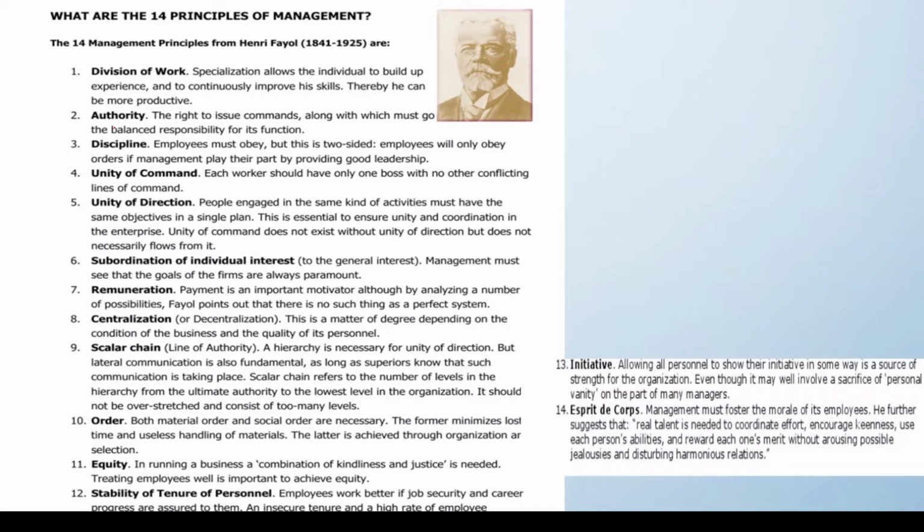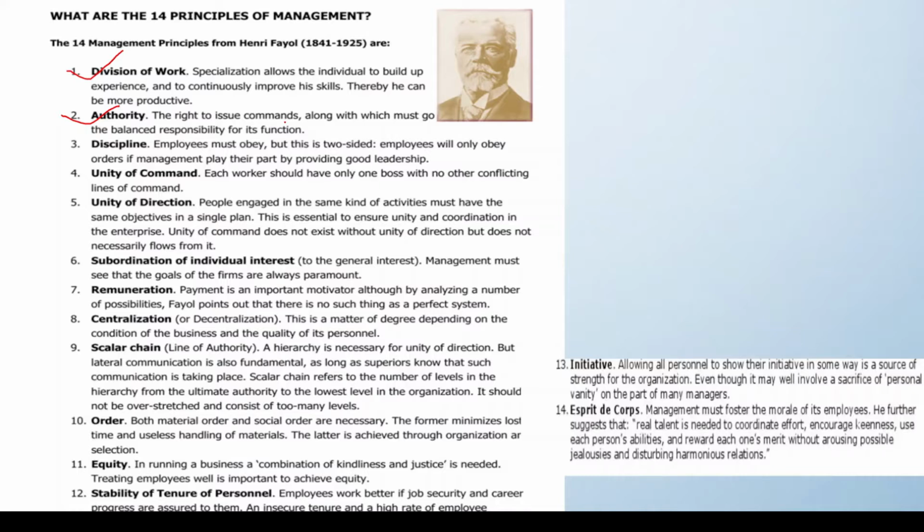And then is authority. Authority, as we know, we say it is power. We have the right to issue commands, along with which must go the balance responsibility for its function.